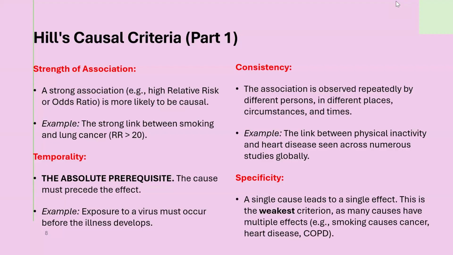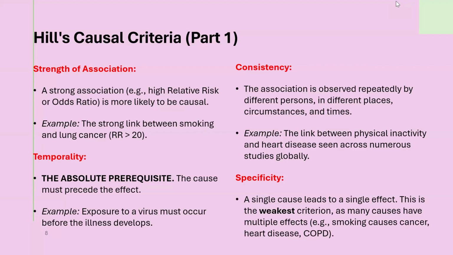The exposure must come before the disease. And that is what temporality is all about. So for example, exposure to a virus must come before that illness happens. Using COVID as an example, you must get the SARS-CoV-2 virus before you can develop the COVID-19 disease.